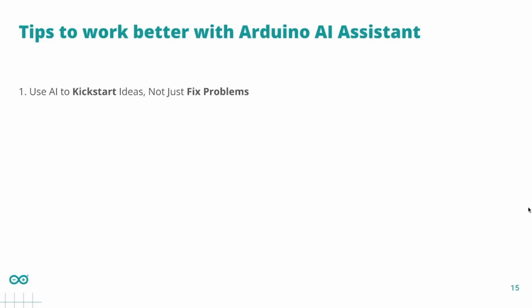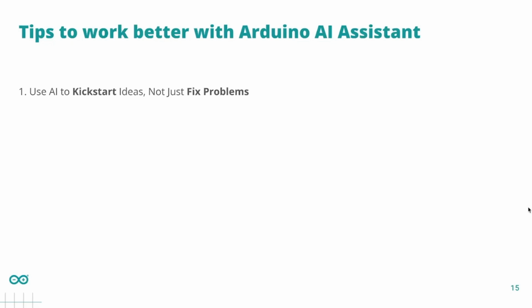For example, if you want to use LEDs, you can ask how to connect an LED to my board, to my Uno R4, for example. Or if you need some kind of resistor, you can ask how to connect the resistor to your LED. If you want to use, for example, the matrix.